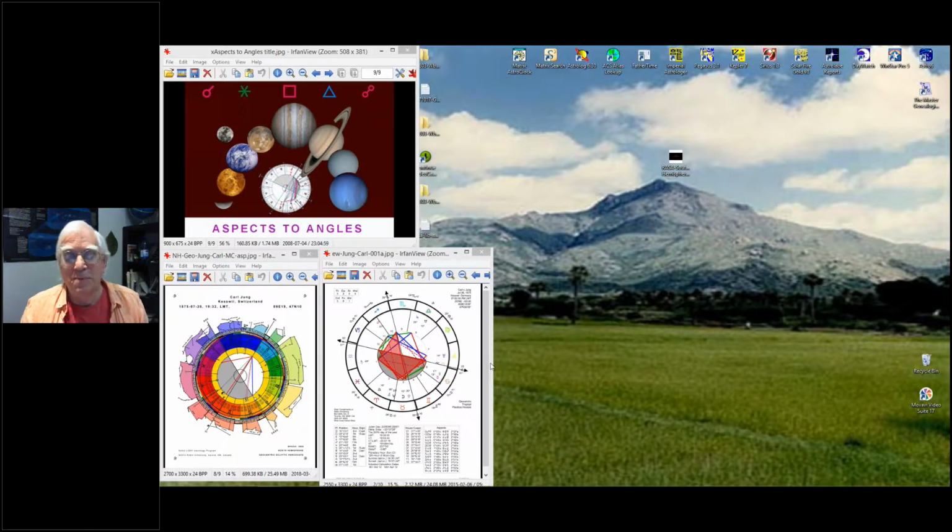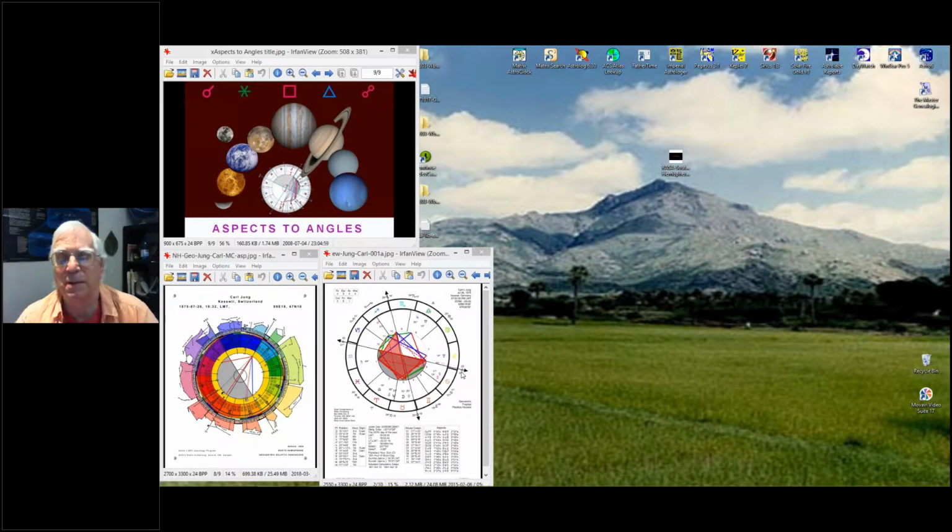When aspects hit them, they're trials or tests or challenges that affect these sensitive points and our manner of expressing them. So they affect how we're here in life. The influence is more direct, more substantial, I guess would be the word, than between the planets.